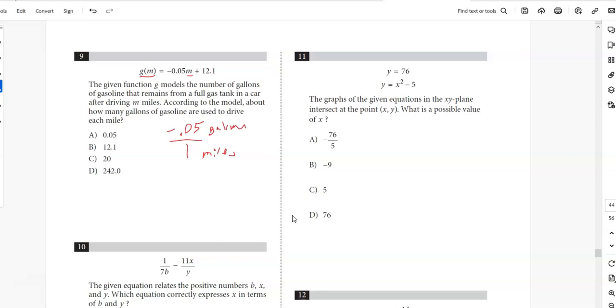It helps to think about slope with a meaning on this test. Every time you drive 1 more mile, you lose 0.05 gallons of gasoline. So according to the model, how many gallons of gasoline are used to drive each mile? It's asking about the slope, basically, in that case.